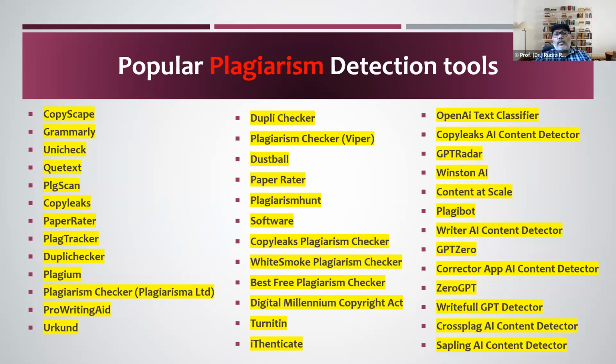Because these companies, those who invite research papers, articles, book publishers, they also have very strong software capabilities. They can easily detect which software you have used, whether you have written genuinely or not, whether you used the AI ChatGPT or ZeroGPT or GPT Zero. So all these names are there.